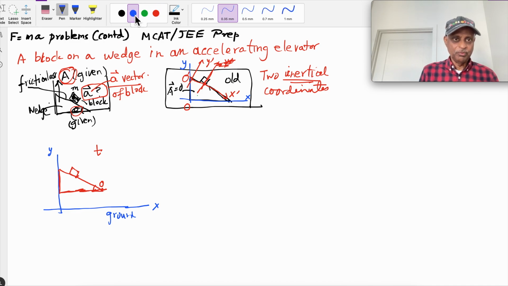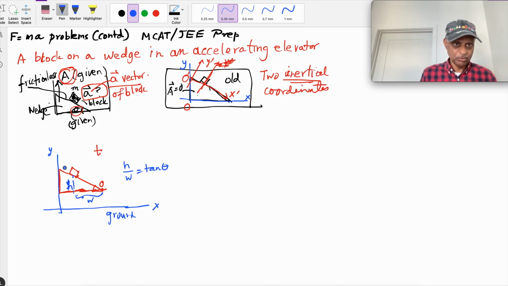We will say something remains constant. If I look at this, say this is y, and this is h, and this part is w, then h over w is tangent theta, and this remains constant.